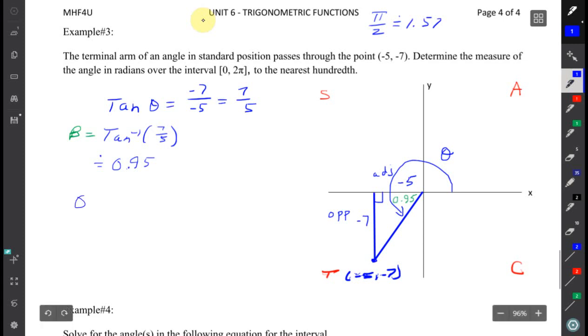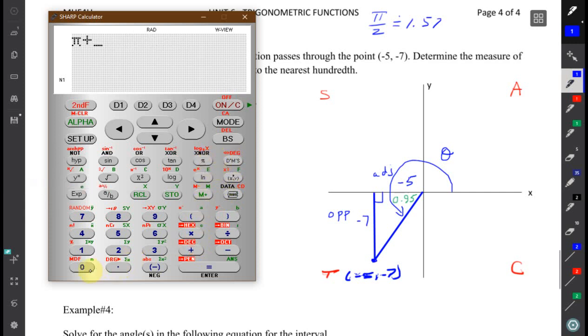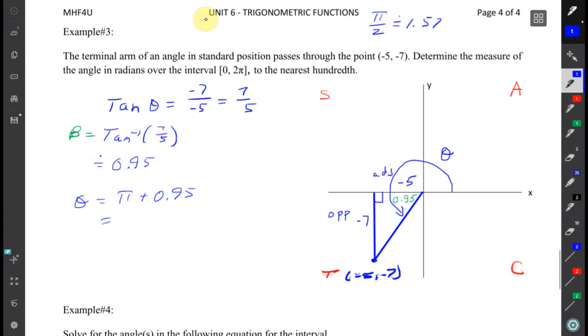So when we do theta here, we're going to do pi plus 0.95 and put that in the calculator. Pi plus 0.95, and that gives us approximately 4.09. So that is our theta.